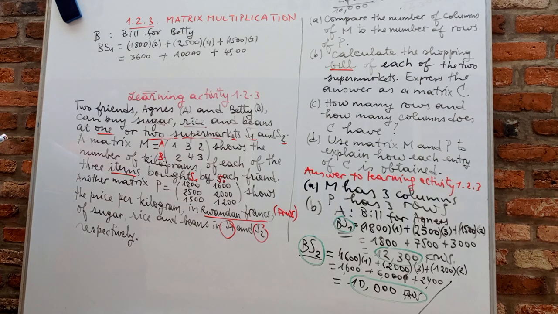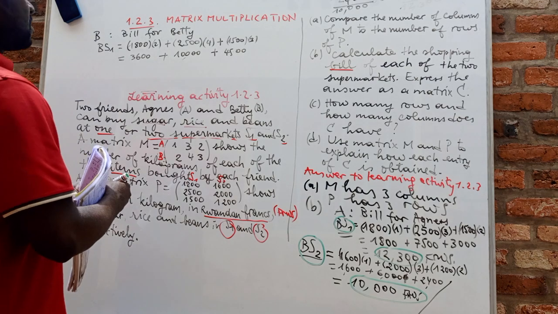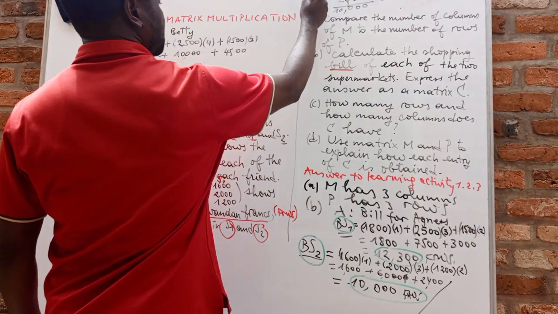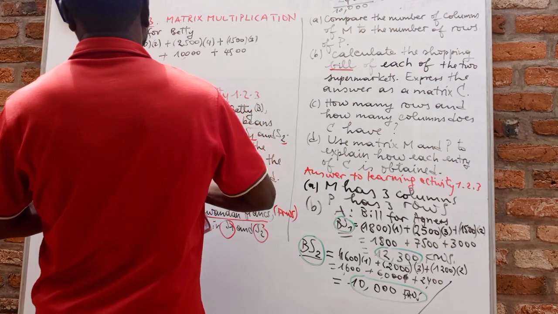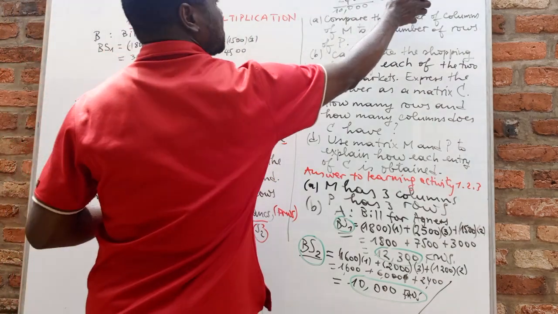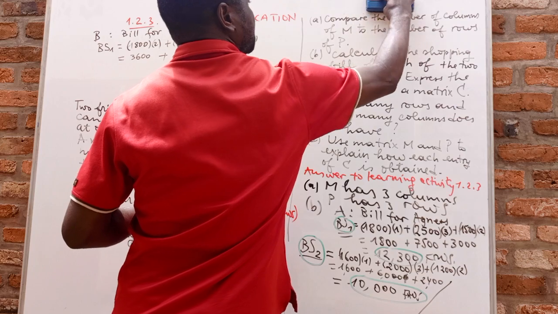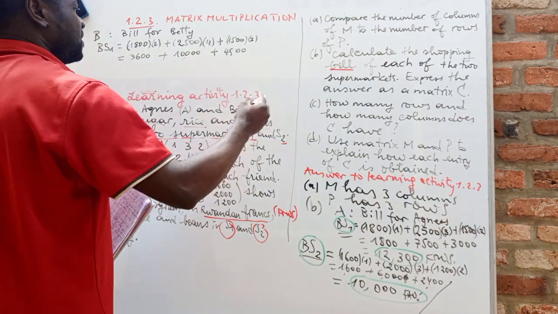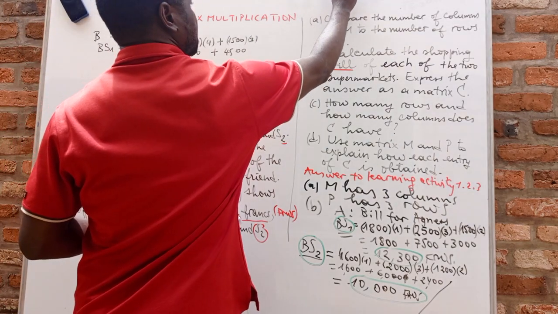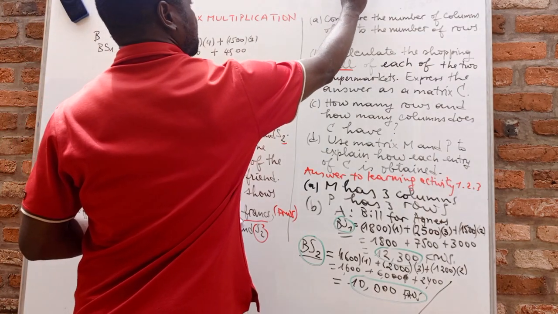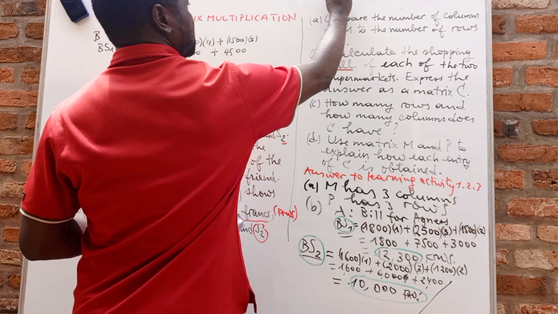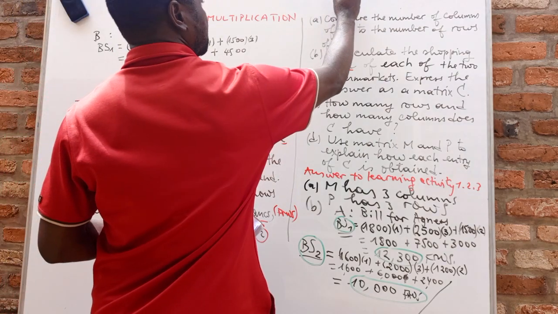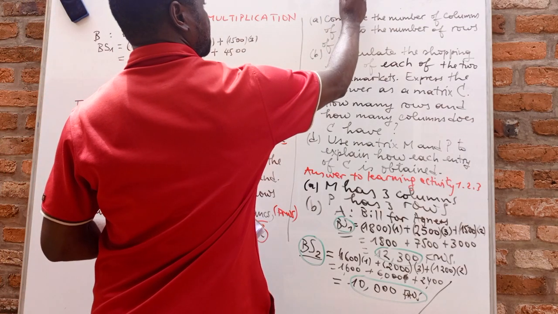Now, summing up, we should have the calculations like this. I take 3,600, 10,000, and 4,500.